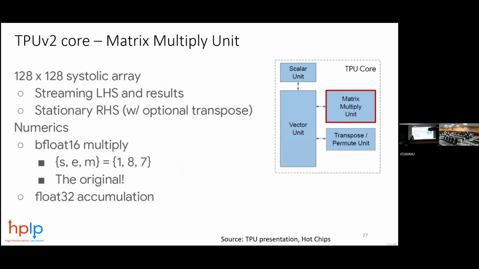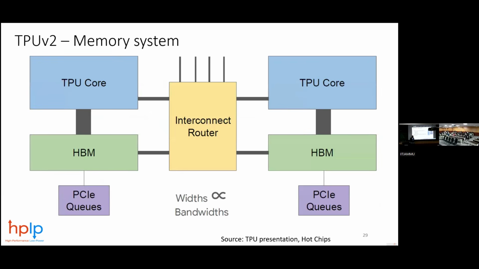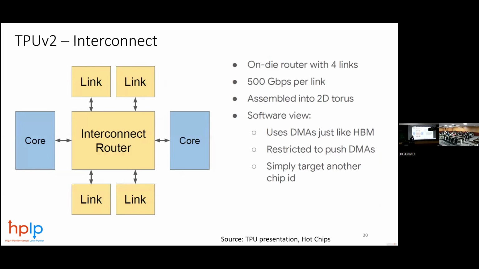After that? Well, after that, we didn't go yet. Yeah. Let's take it offline. Oh, maybe here. Yeah. 500 gigabits. Because when you communicate between different chips, this is an off-chip communication link.